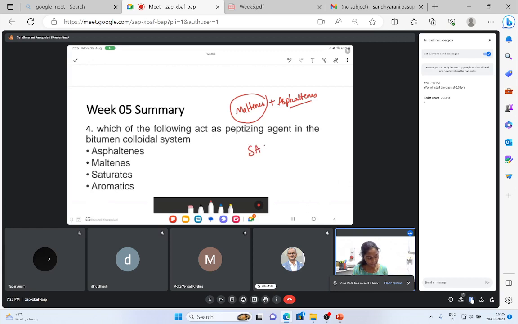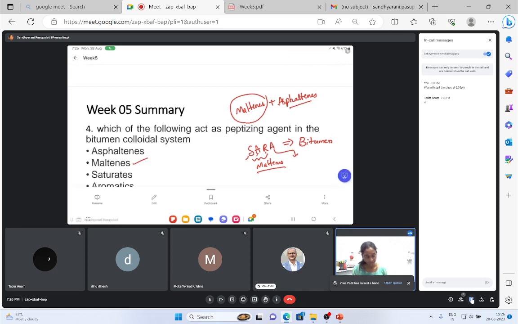When I take SARA, these four are the components of bitumen, the SARA fractions. We know saturates, aromatics and resins together are called maltenes. Asphaltenes are separate. So here the question is, which of the following acts as a peptizing agent? We know maltenes act as a peptizing or dispersing agent in the bitumen colloidal system. Okay, option B.